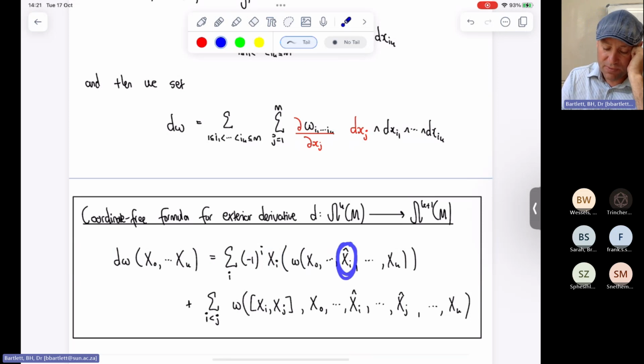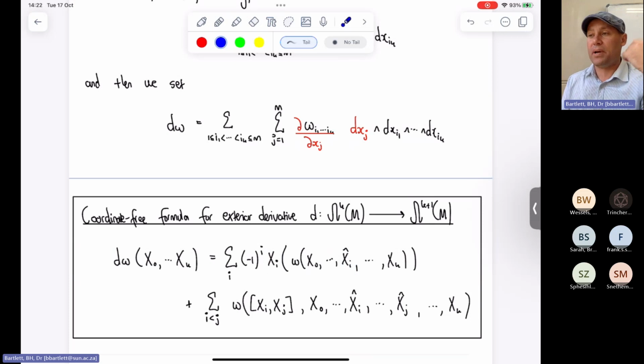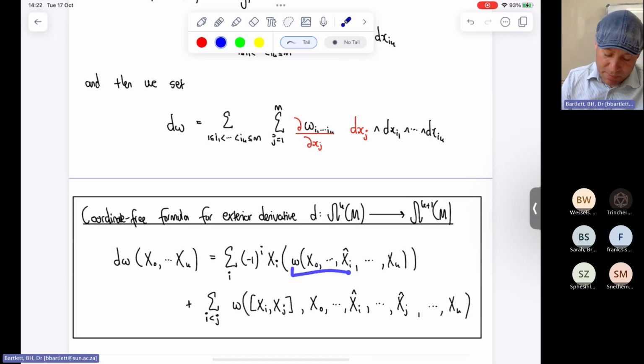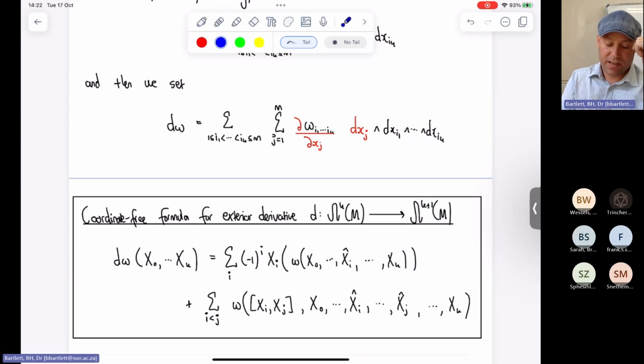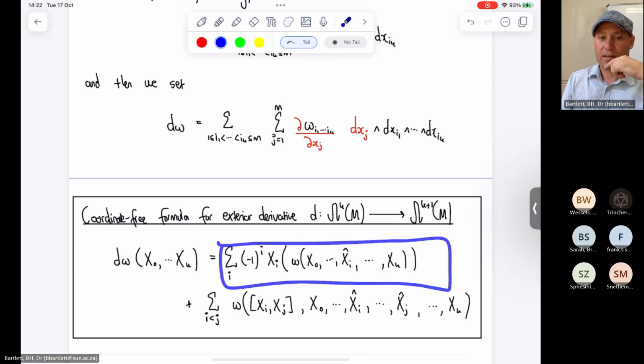It means remove xi from the list, and then the remaining K vectors, we feed them to omega to get us a number. So omega is something which eats up K vectors and spits out a number. So this is a number at each point, which means it's a function on the manifold. I can differentiate that function in the direction of the vector xi. That's what this thing here means. Okay, so that's this section of the formula.